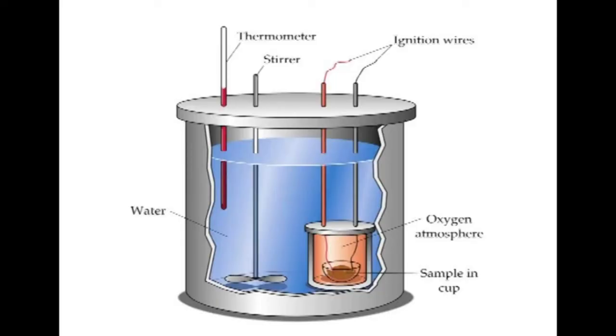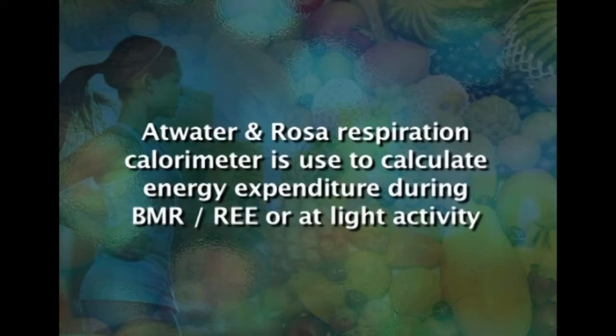The energy released from foods can be expressed both by direct and indirect calorimetry. Bomb calorimeter is the conventional method to calculate the energy value of foods. Atwater and Rosa respiration calorimeter is used to calculate energy expenditure during BMR or resting energy expenditure or even at light activity.